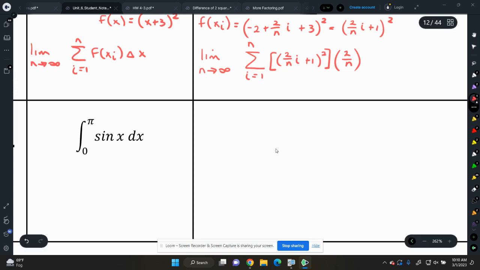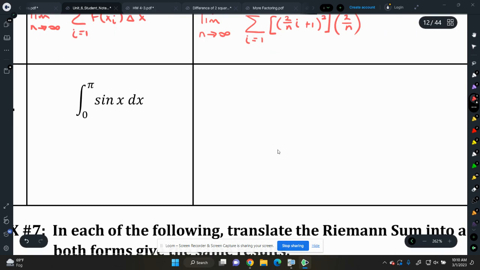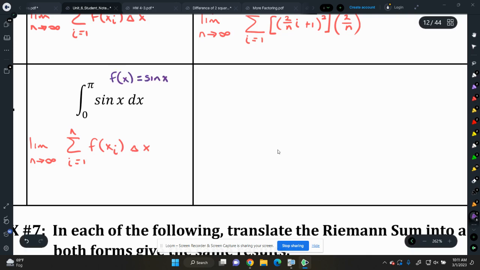Okay, the last one. This one's different because it's a trig function. Again, we're looking at the limit as n approaches infinity of the summation i equals 1 to n of f of x sub i delta x. Don't let that trig function scare you. In this case, f of x is equal to sine x.